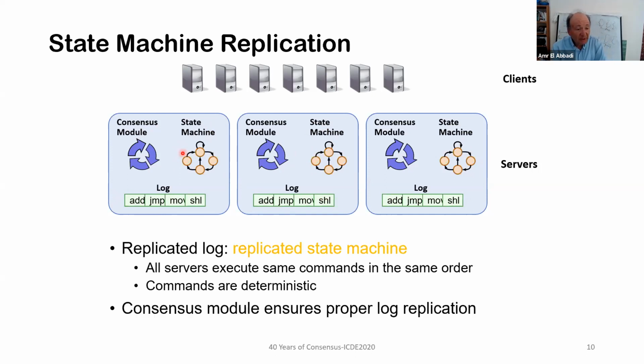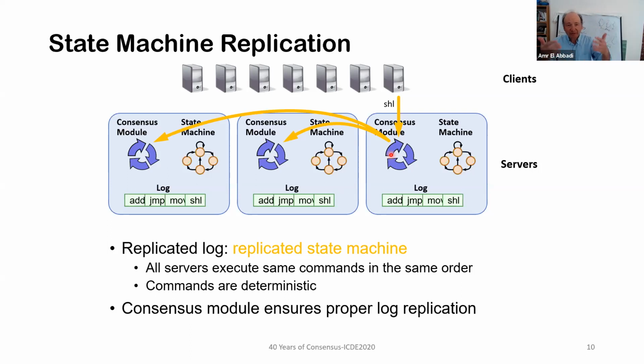So if a client issues a new command, it needs to be replicated among all the different logs so that they are executed on the state machine to be reflected in the state of the object or the application. If a new command comes, we end up needing to execute a consensus protocol, and that will be the heart of what we're going to be discussing.